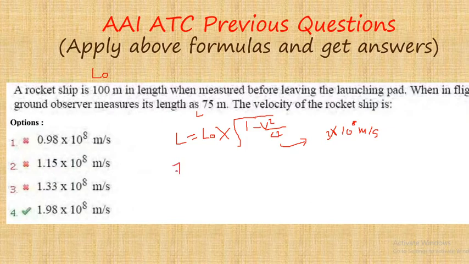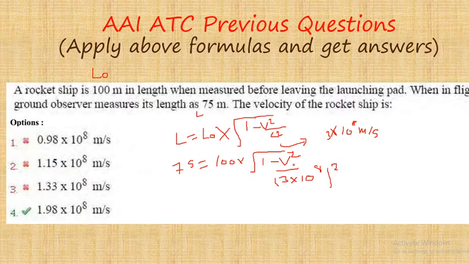So substitute it. What do we have here? L is equal to 75, and L naught we have is 100, into root over 1 minus V square divided by C, which is 3 into 10 to the power 8 meter per second. We can make it a square, or the power 2, right?